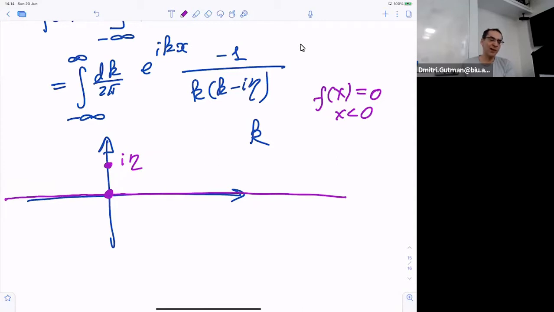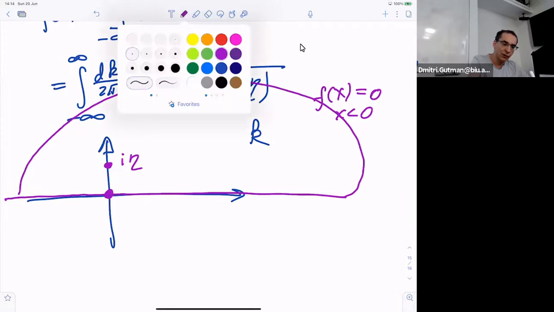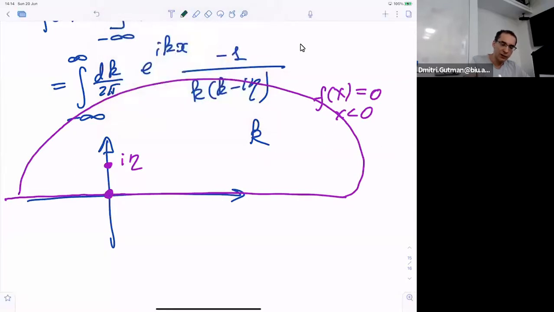So if x is negative, where can we close the contour of the integral? We have exponent of ikx. K, we can either close it like this, or we can close it like that. There are two options.